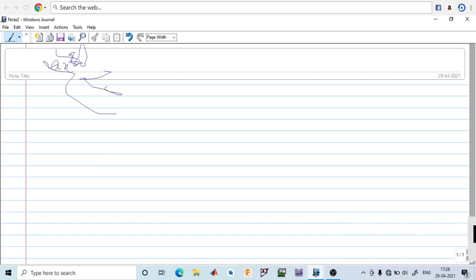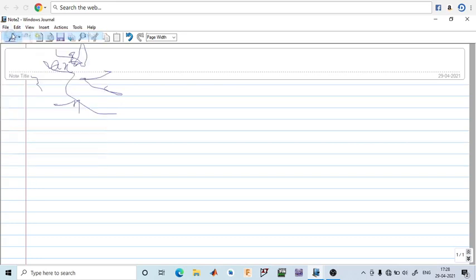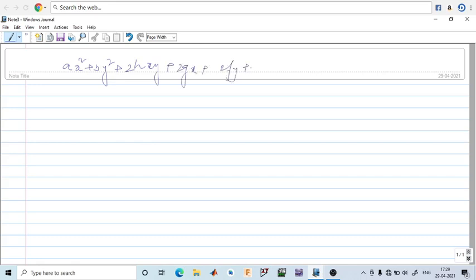My second degree equation is written as ax square plus by square plus 2hxy plus 2gx plus 2fy plus c equals 0.